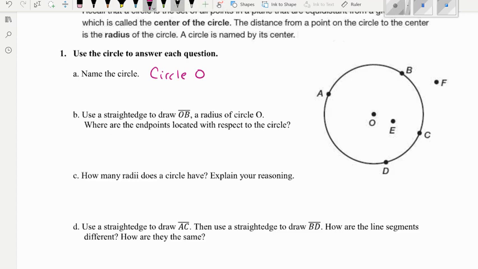So if I use my ruler and draw our line. So the endpoints, one is on the circle, and one endpoint is at the center.